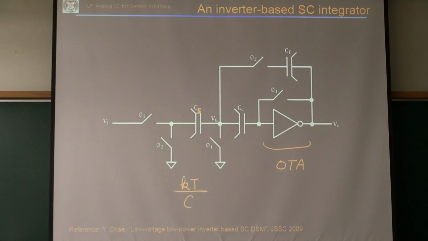This should be CS, okay? Mostly, this is the RMS noise voltage for thermal noise, okay? So to reduce input noise, I have to increase this capacitance, right?